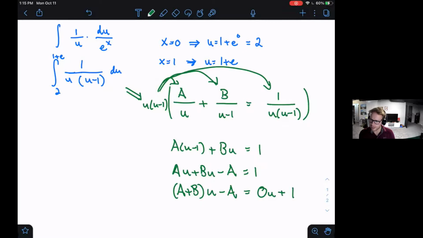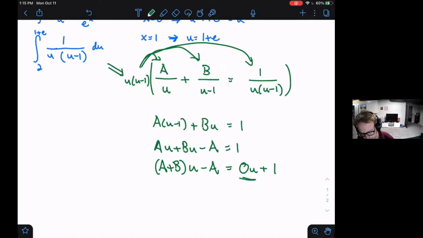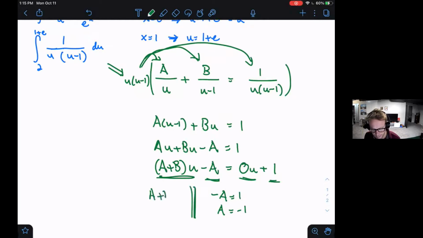We just have 1 over here, but I'm going to write this in a similar polynomial fashion, where we have this linear bit here, and we want it to match up with the linear bit there. And then we have the constant terms. With the constant terms, we can see very quickly that negative a has to be equal to 1. And so therefore a is equal to negative 1. With the linear terms, this gives us the equation that a plus b needs to cancel out and give us 0. We don't see any linear terms, any u's, on the other side.